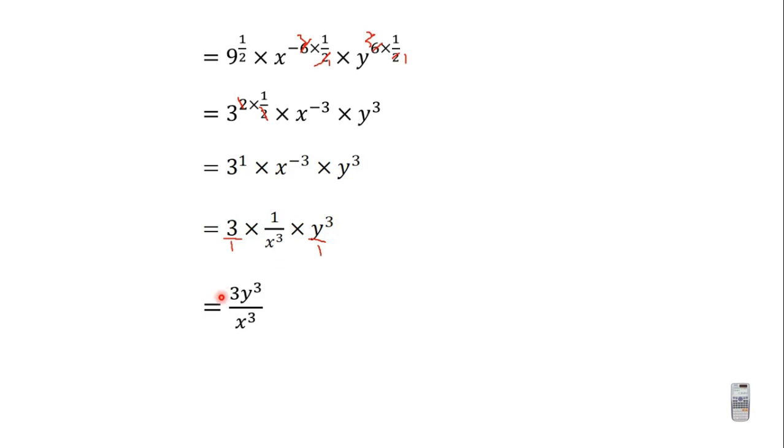And that will give us 3y exponent 3. Then at the denominator part, we have 1 times x exponent 3 times 1, which will give us x exponent 3. So if we simplify the expression, we are going to have 3y exponent 3 divided by x exponent 3.